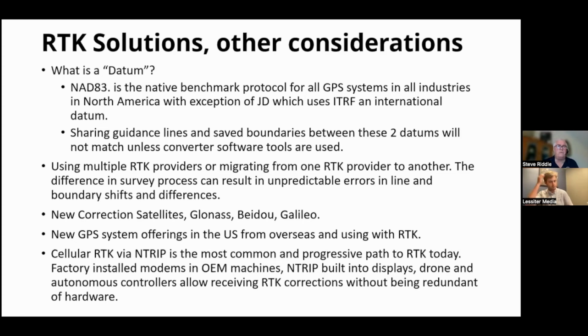The next thing here, using multiple RTK providers, we're migrating from one provider to another. I touched on this maybe a little real early on, and it's really about going back to that survey process, and the shorter the survey, typically the more error there could be.